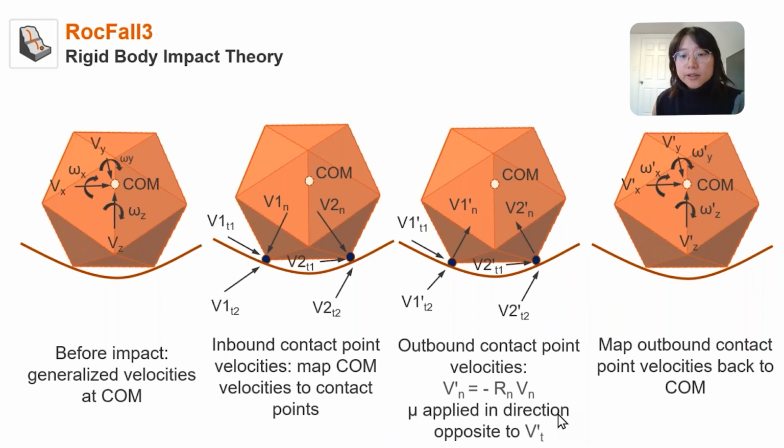And with multiple contacts, you can have different sets of restitution and friction applied at each contact point depending on the material in contact. Now, the outbound contact point velocities are then mapped back to the center of mass as generalized velocities as the rock enters its next phase in the trajectory.